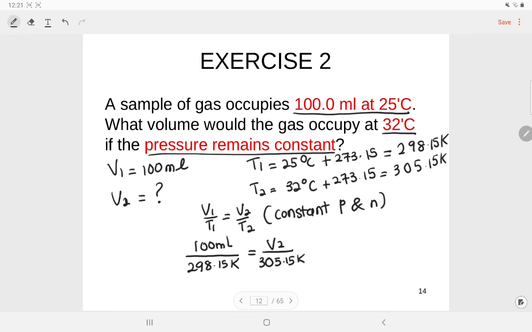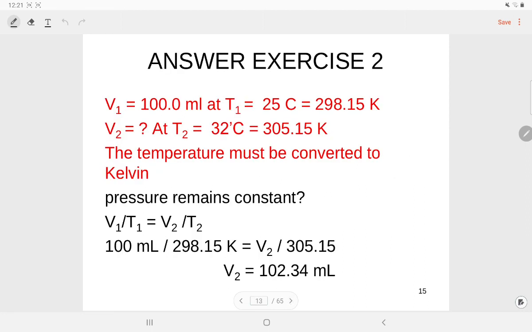Alright, so a rearrangement process is involved, and lastly you will get the value for your volume. Since we used V1 in milliliters, that means your V2 answer should be in milliliters as well. Okay, if you calculate, you will get your V2 to be 102.34 milliliters.